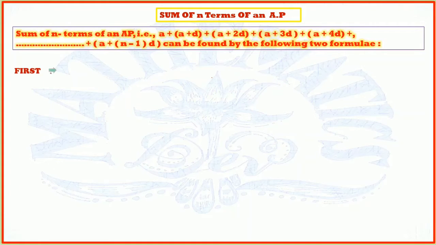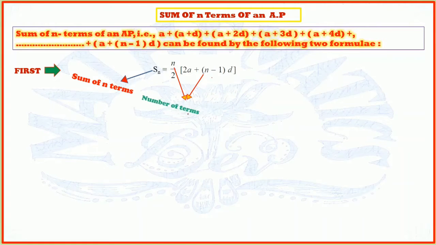The first formula is Sn is equal to n by 2 into 2a plus n minus 1 into d, where Sn denotes the sum of n terms, n denotes the number of terms, a is the first term of the AP, as we have studied, and d is the common difference.